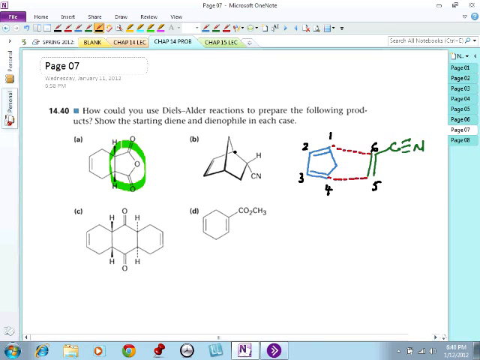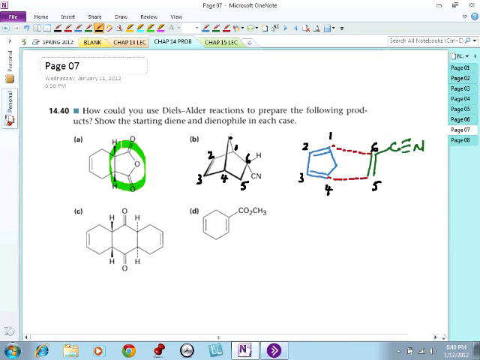Now keep in mind this carbon here is 1. This carbon here is 2. This carbon here is 3. This is 4. This is 5. And this is 6. You see that?